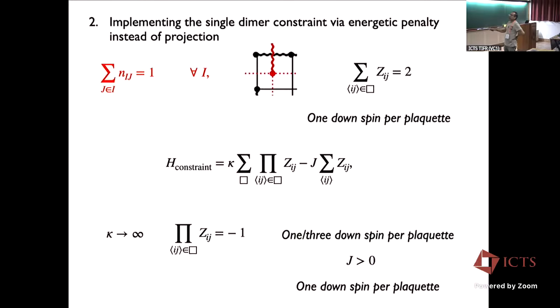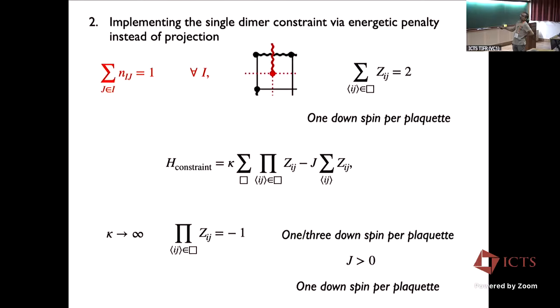That's kappa. So when kappa is positive and very large, this term wants the product of four Z's to be -1, and that basically means that either three Z's on a plaquette are negative, or one Z on a plaquette is negative.